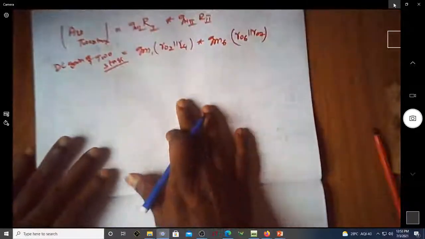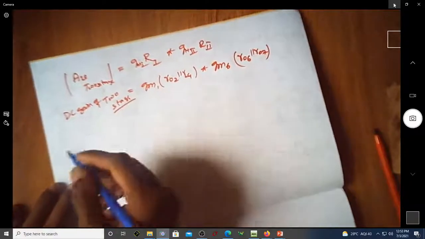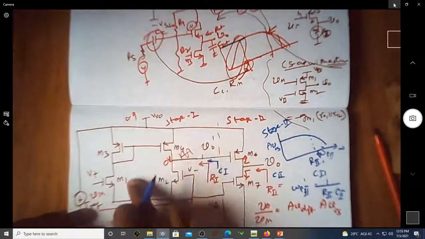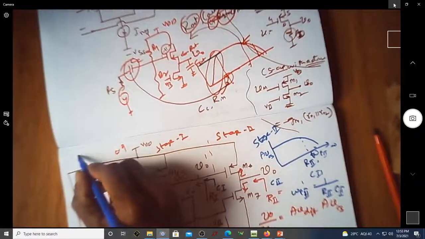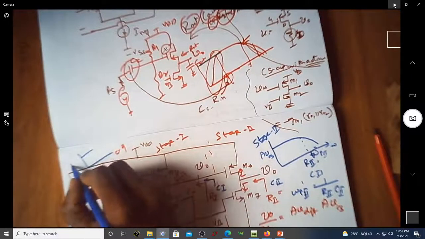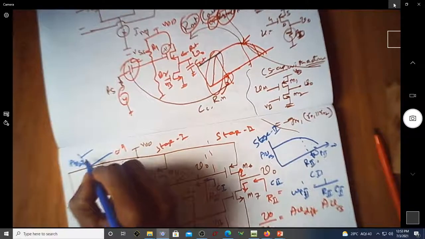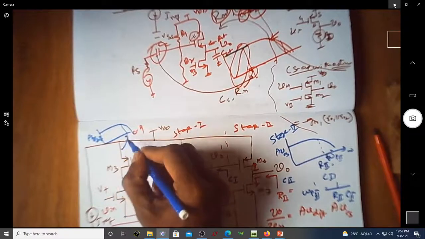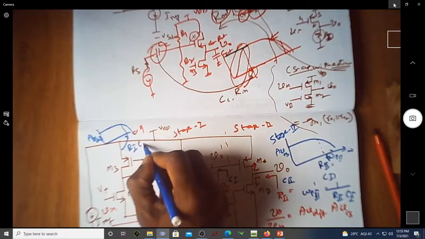Similarly, if you want to write it for the differential amplifier stage, which of course doesn't have any coupling capacitor at all, this is going to have a frequency response with a gain of AV of the differential amplifier, and there is a cutoff frequency. This cutoff frequency is decided by R1 and C1.